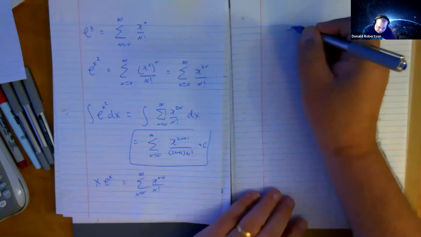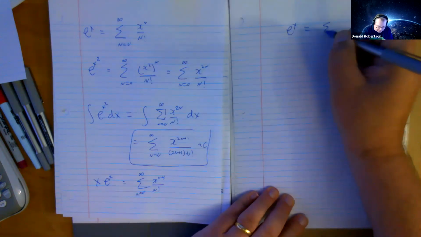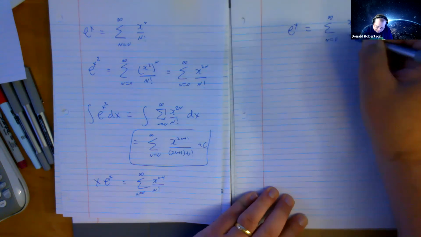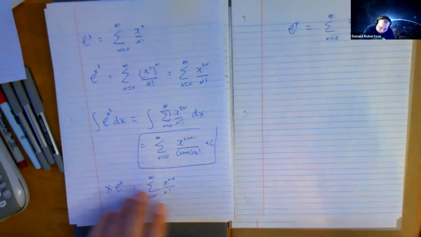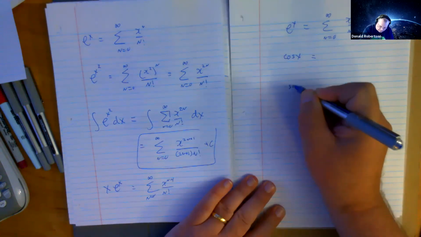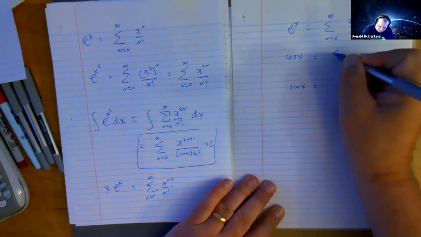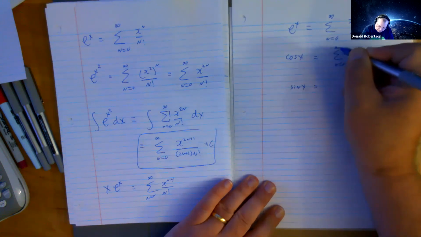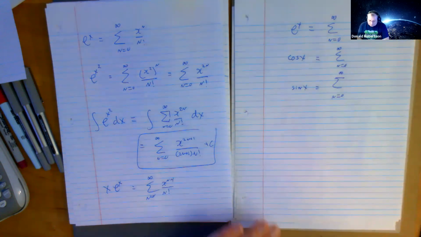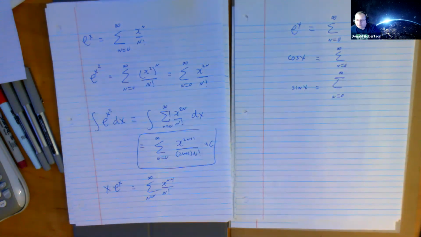So if e to the x is this guy, wouldn't it be nice to see the power series for cosine x and then for sine x?